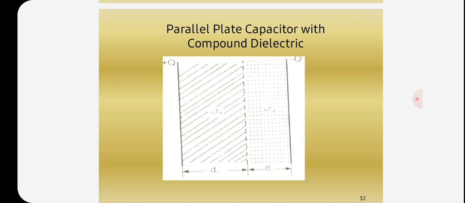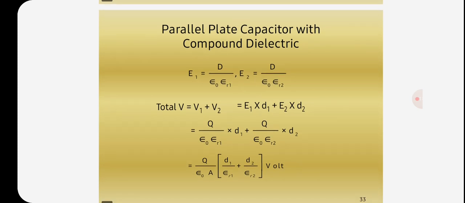Parallel plate capacitor with a compound dielectric. In this, we can consider two dielectric mediums between the positive plate and the negative plate. The distances are d1 and d2. Suppose the space between the plates A and B is occupied by two dielectrics of thickness d1 and d2 with relative permittivities epsilon r1 and epsilon r2 respectively.